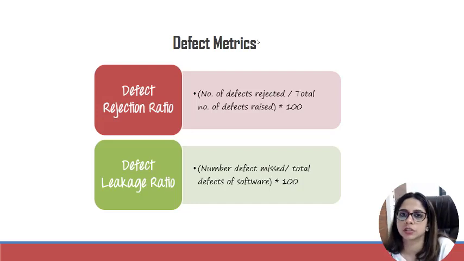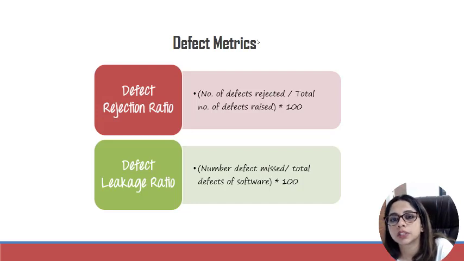The rejection reasons will be discussed, but for now understand only 70 issues were accepted and 30 were rejected. So the defect rejection ratio was 30%, which is very high. We have to keep it 0 or minimum.